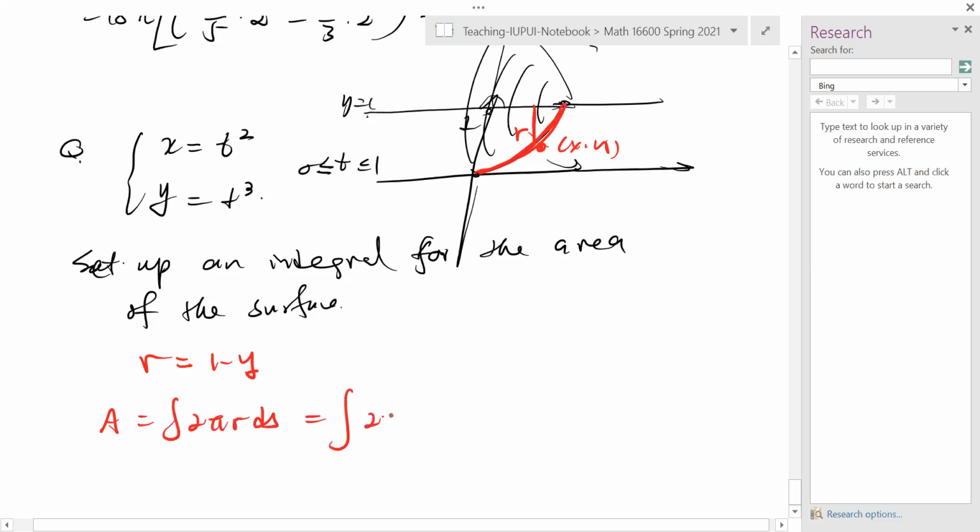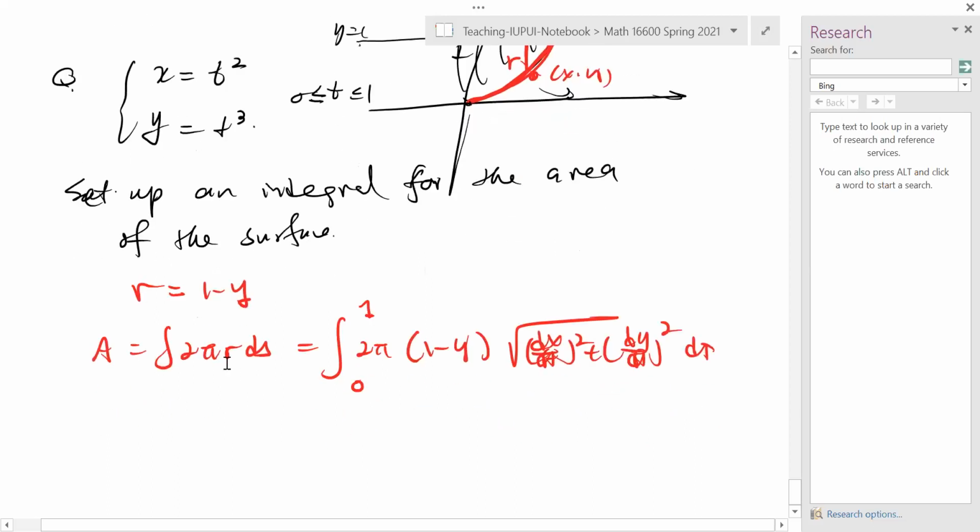Then you use the x, y variables, right? So that's 1 minus y times the square root of (dx/dt) squared plus (dy/dt) squared, dt. So that is from 0 to 1.